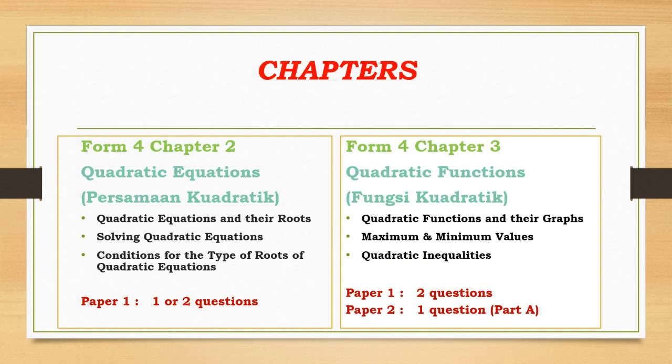And there are always 2 questions in Paper 1 from this chapter. And for a few years, the last was in 2016, there was 1 question in Paper 2 in Part A. So far for the last 4 years, there wasn't any question. There might be a chance this year you might have at least 1 question in Paper 2.